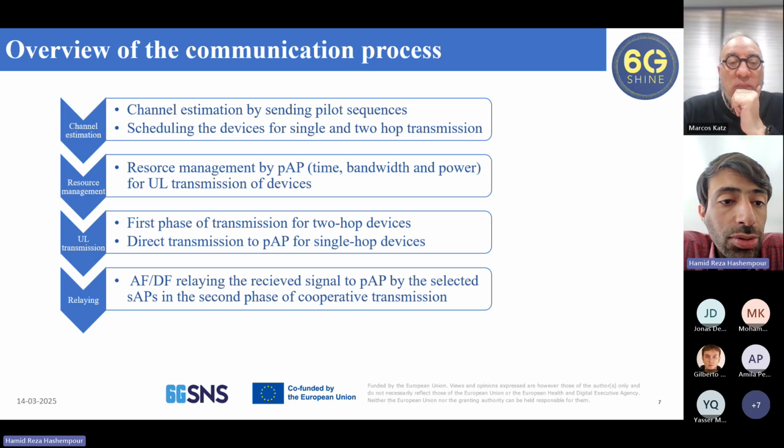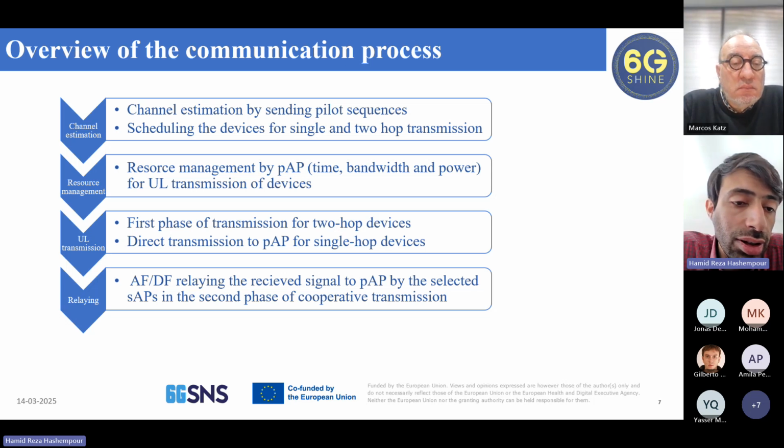Then the resource management occurs by the primary access point for uplink transmission of devices. After that, the first phase of transmission occurs, and at the end, the second phase of transmission in the second time slot for relaying occurs.